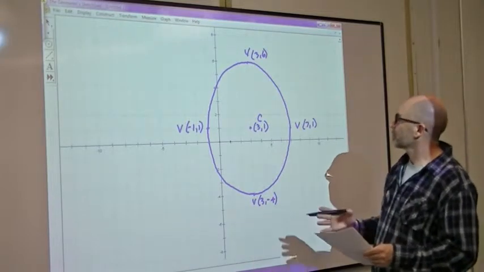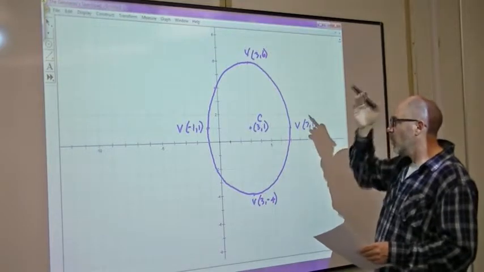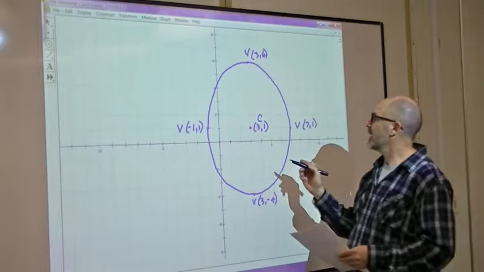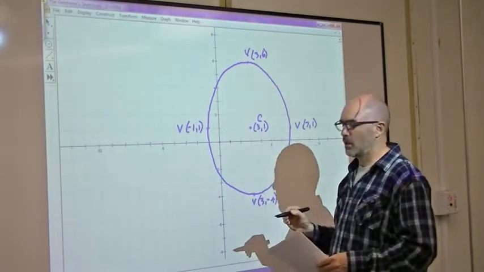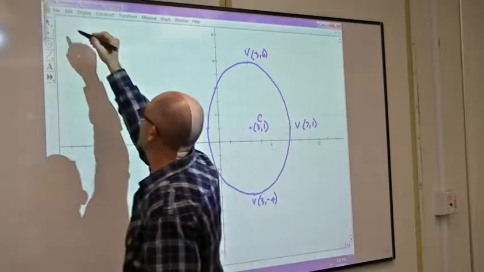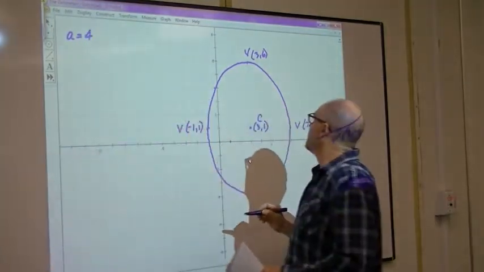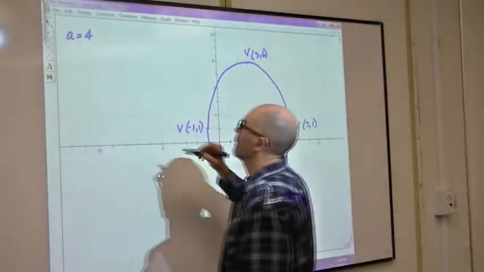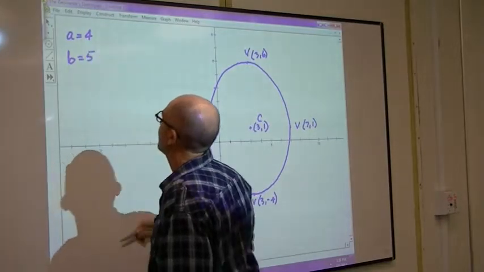Now, what have we discovered? What else can I add into this? Well, first thing I know is the a distance is 4, so a equals 4. The b distance is 5, so b is 5.